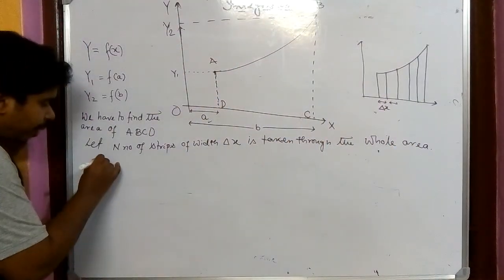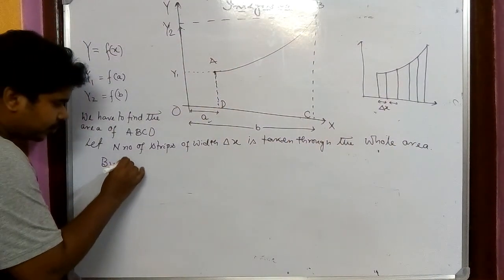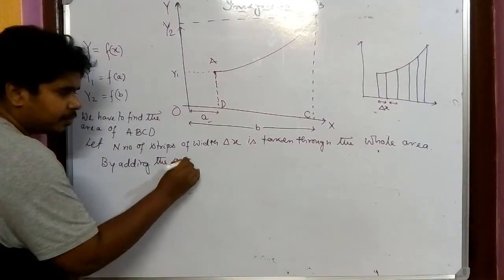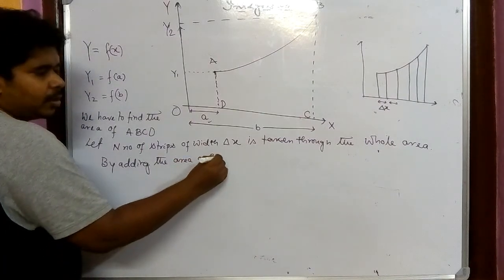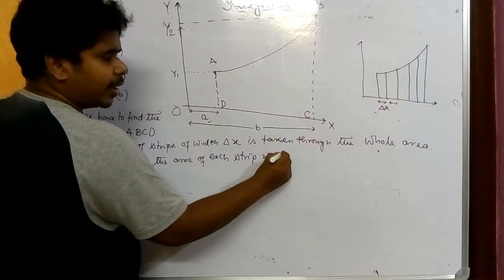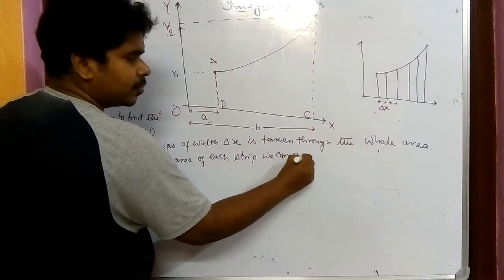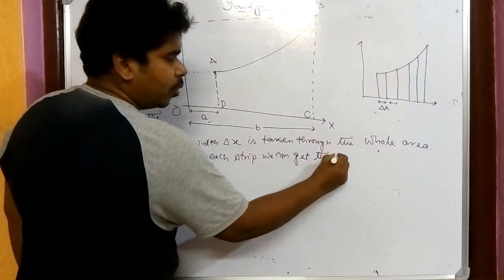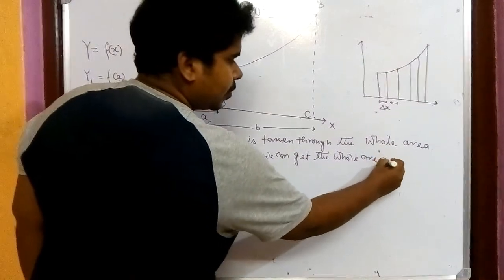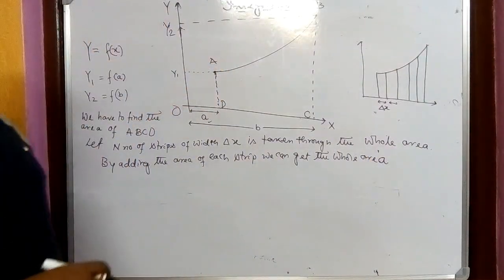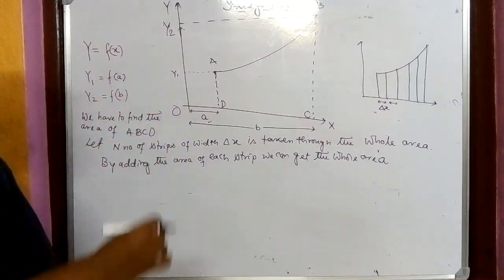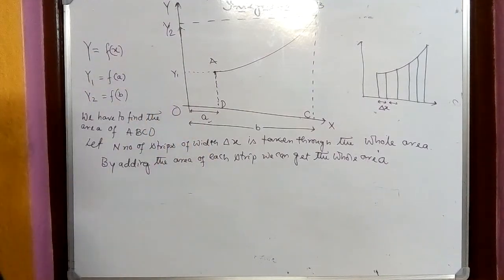By adding the area of each stripe, we can get the whole area. So we have divided it into stripes, and by finding the area of each stripe and then adding them, I can get the whole area.